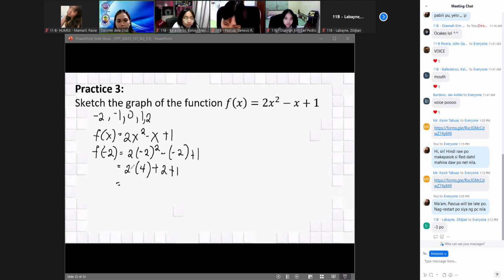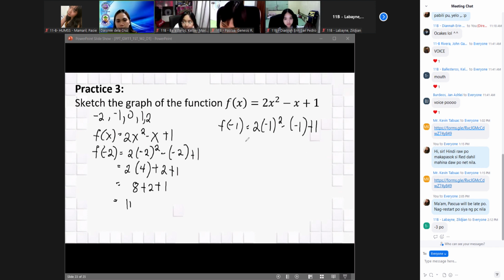And then, simplify. 2 times 4, 8. 8 plus 2. 10 po. 10 plus 1, 11 po. 11. Okay, next.